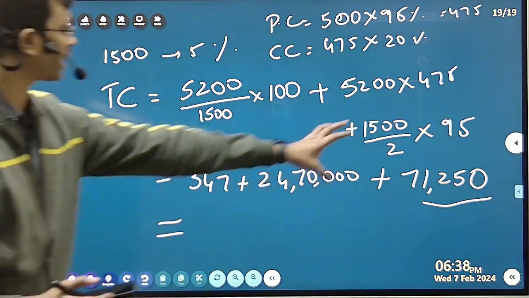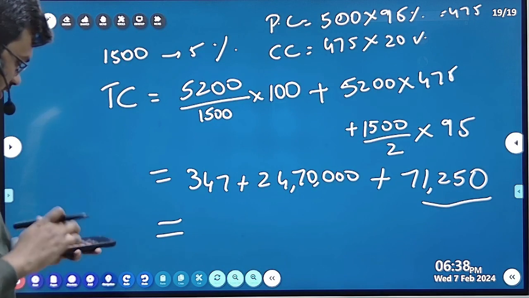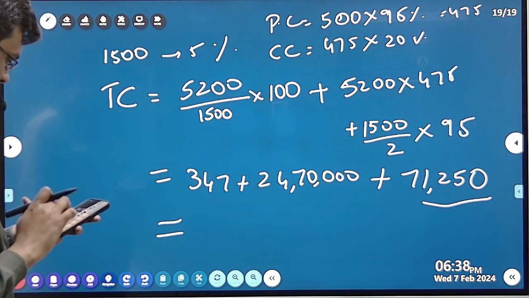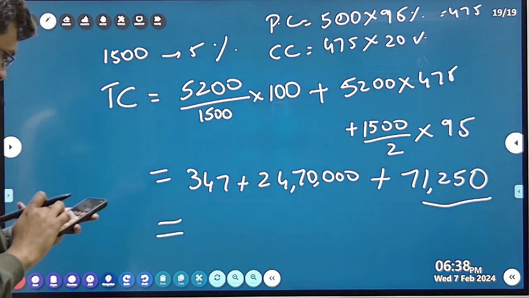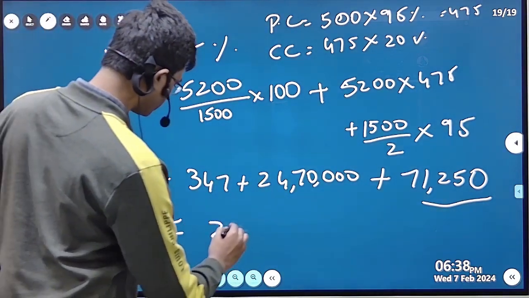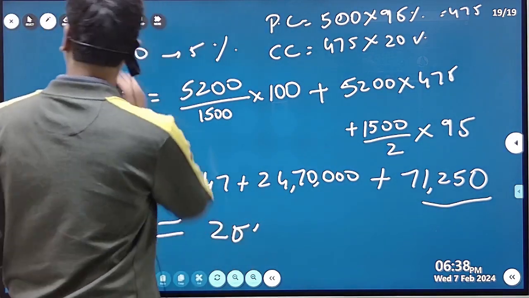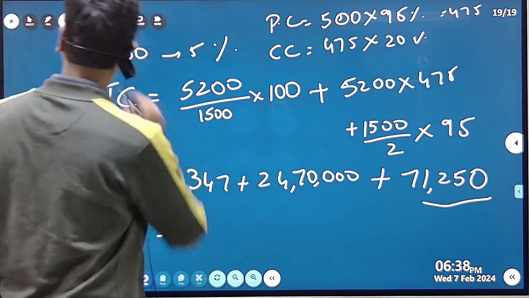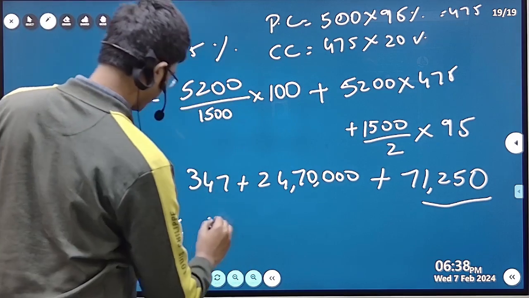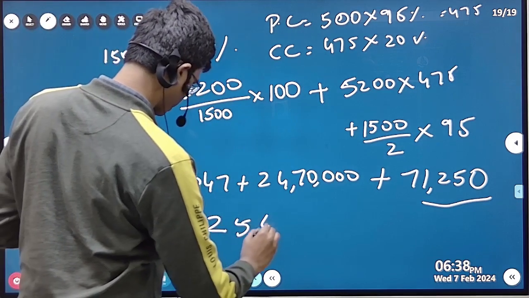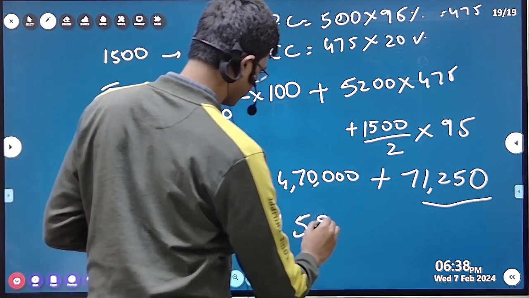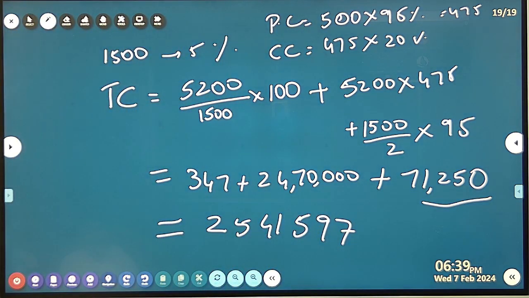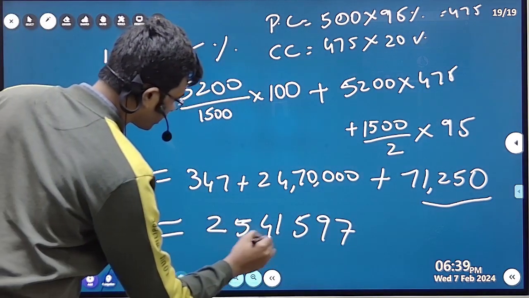So you have to carry a large inventory, but still, this is 25 lakhs 41,597, which is still less than our first scenario, right?